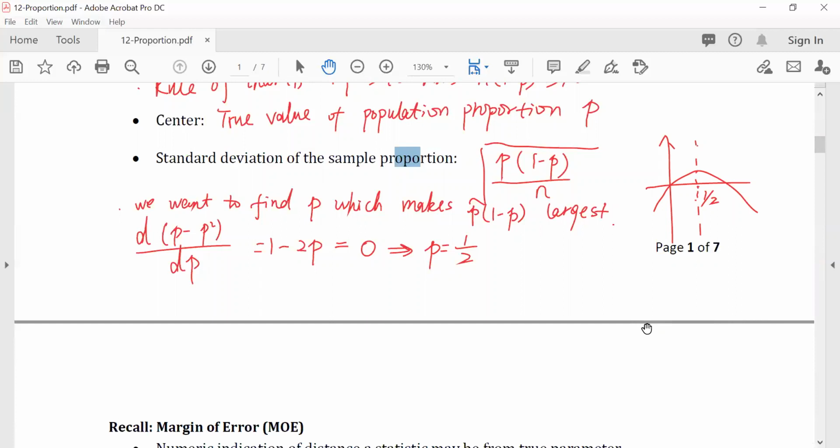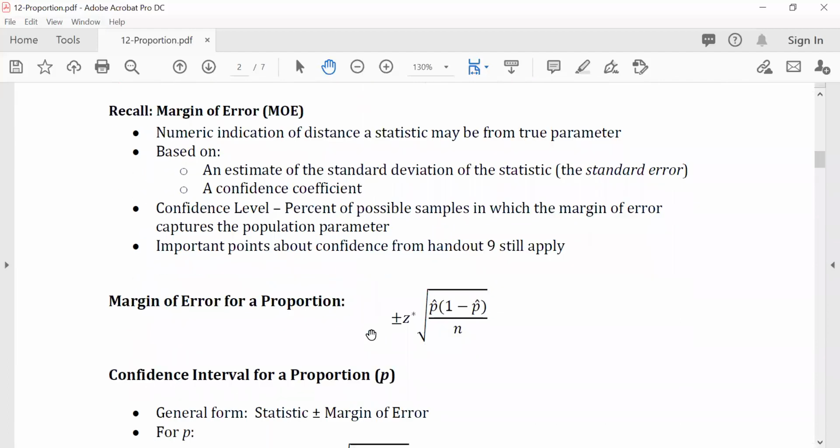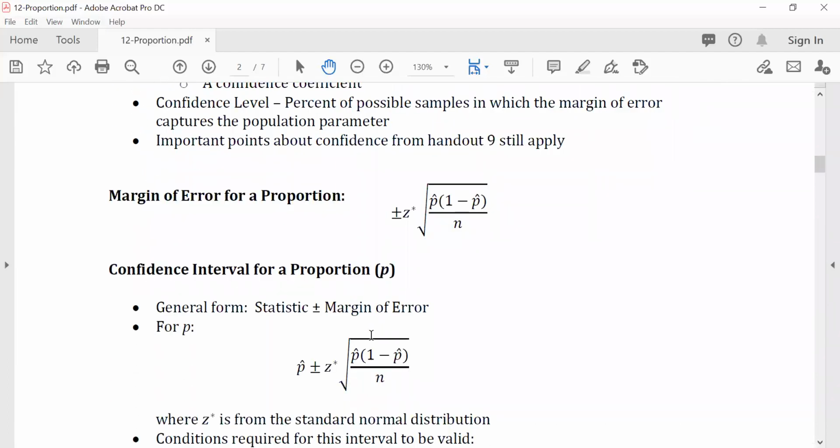Now, having said that, let's continue to construct the confidence interval. In order to construct the confidence interval, we use the test statistic, plus or minus the margin of error.